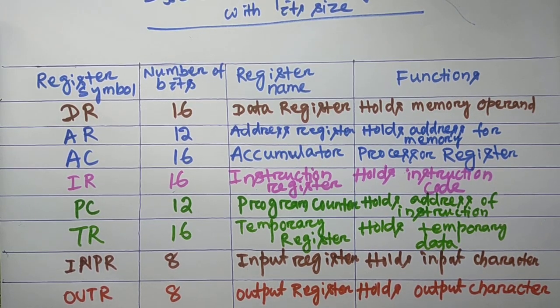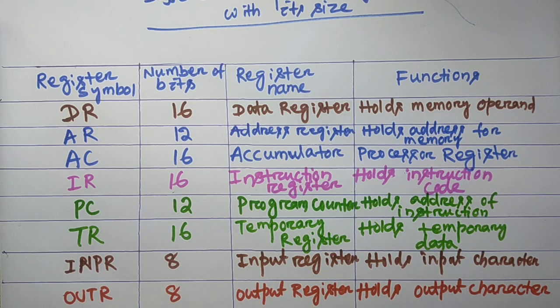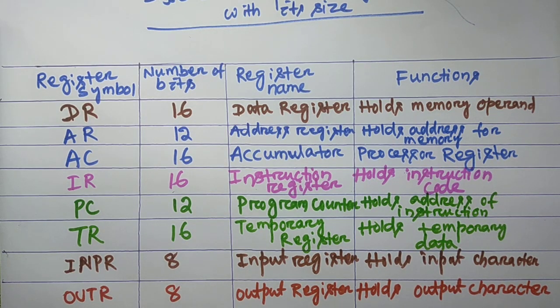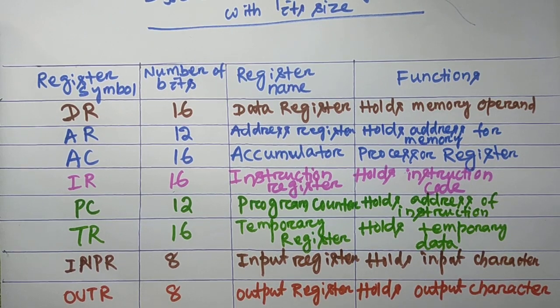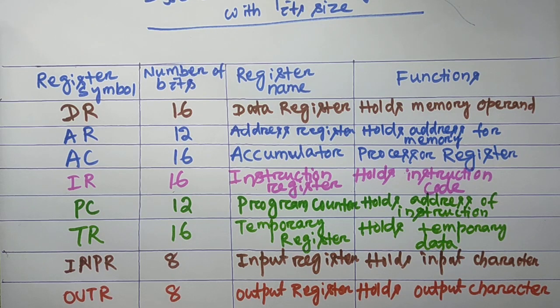Similarly, the output register holds the output character that will be displayed through the output device. So there is no operation through input and output, only receiving data and displaying data. So a huge number of bits, as in the other registers, is not required.